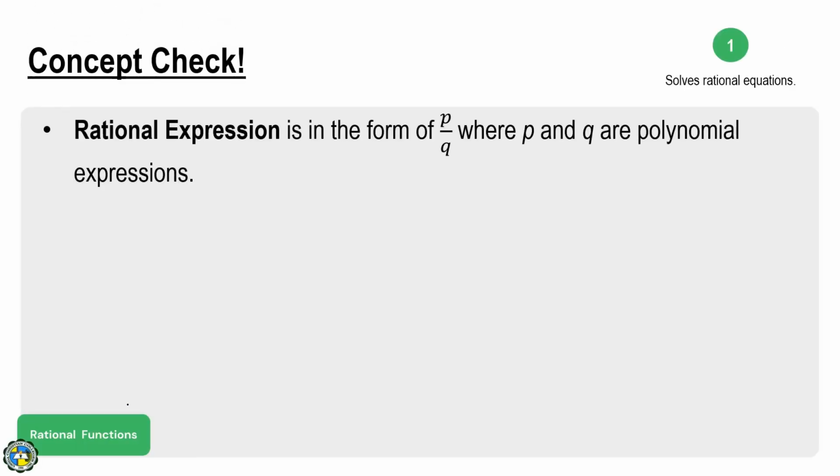Tandaan natin, pag sinabi nating rational expression, that is in the form of P all over Q. Ibig sabihin, meron tayong numerator, meron tayong denominator. And that P and Q are what we call the polynomials, or it composed of polynomial expression. Now, remember, ano ba pag sinabi naman natin na polynomial expression po? Polynomial expression is what?